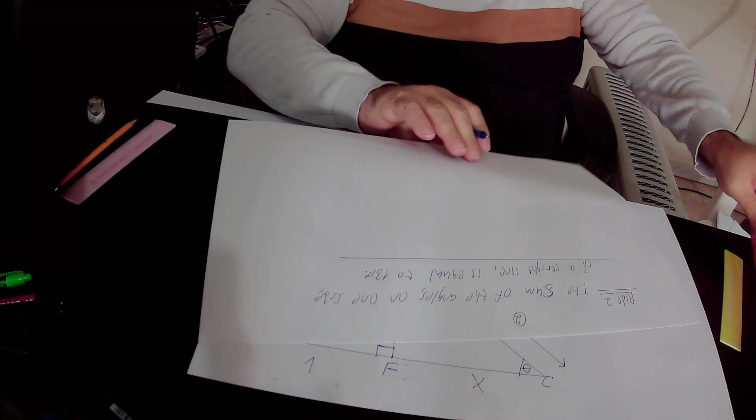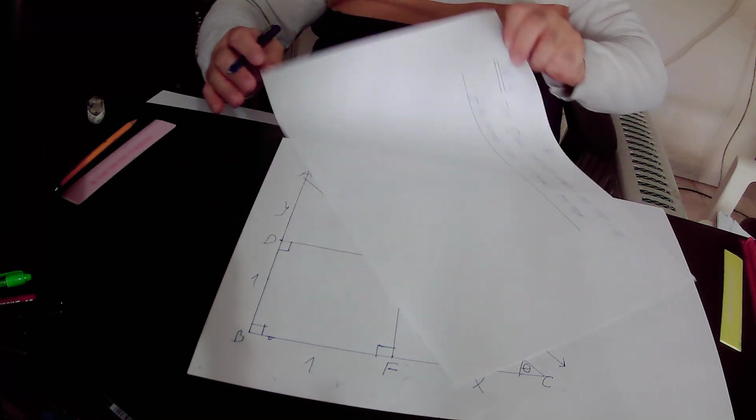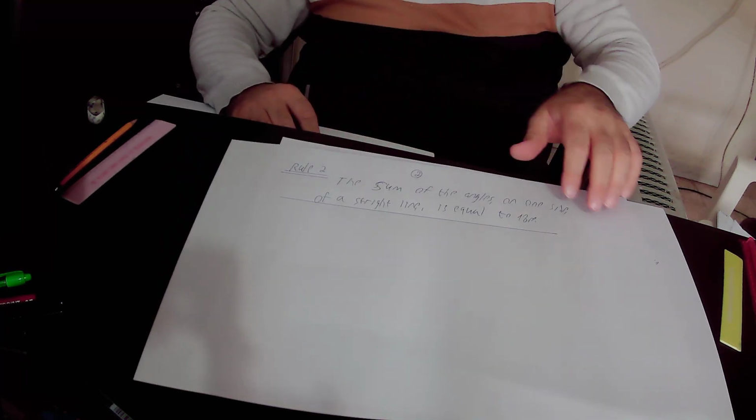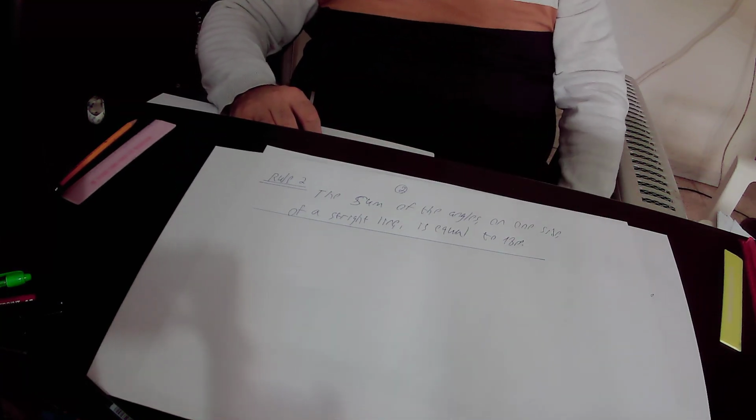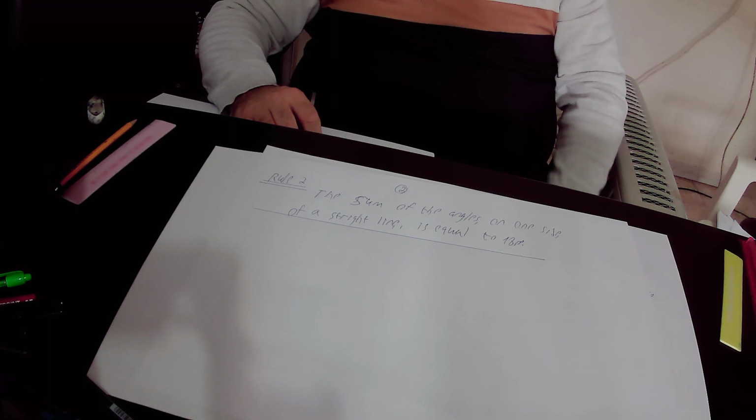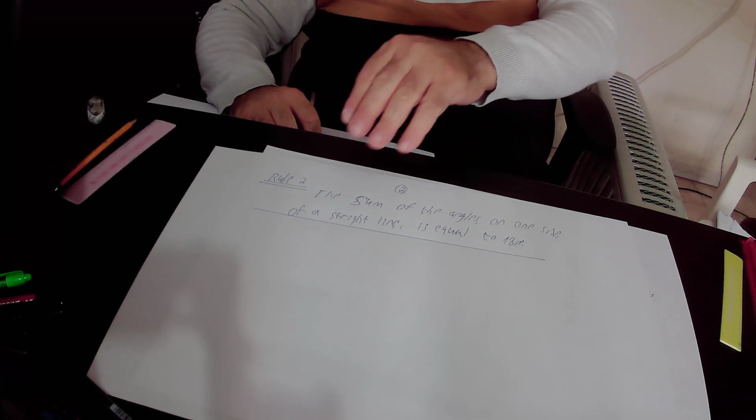I repeat rule number 2 again: the sum of the angles on one side of a straight line is equal to 180 degrees.